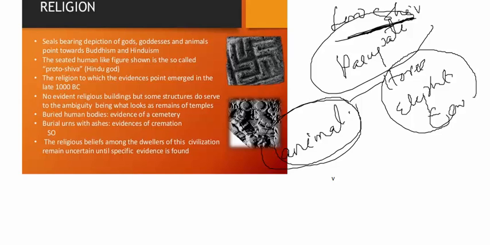All religions were respected. There is no evident religious building, but some structures look as if they were temples. But actually, there was no such particular religion at that time.